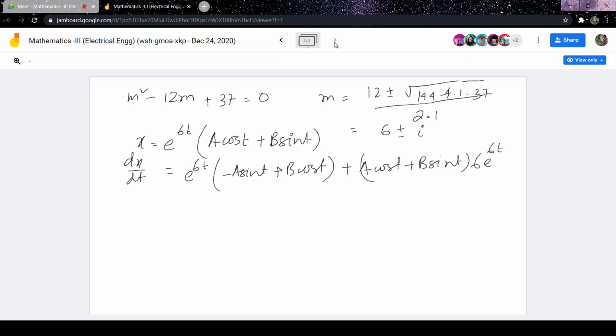Okay, so substituting in the given equation, which is dx/dt minus 7x plus y is equal to 0, I will get my y as 7x minus dx/dt. So 7x is this, minus 6x is this. So I will get my y as x minus e to the power 6t.